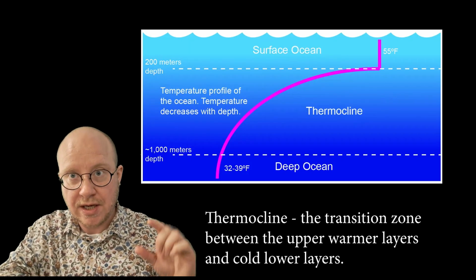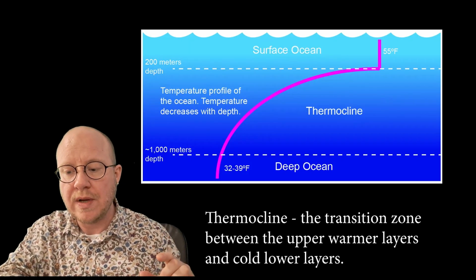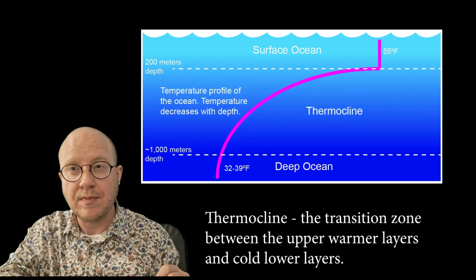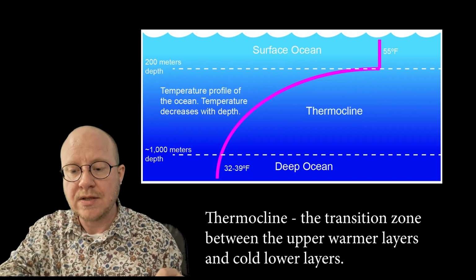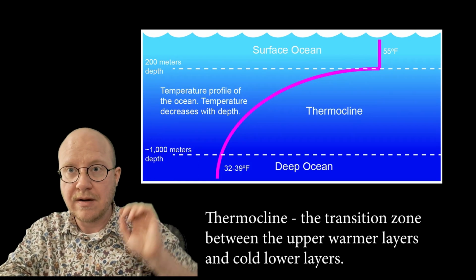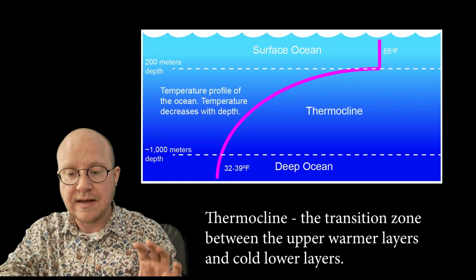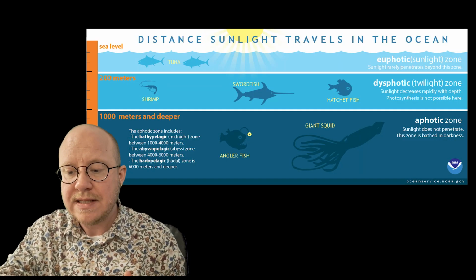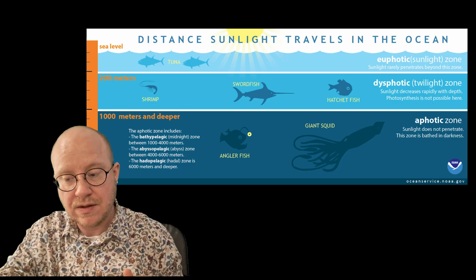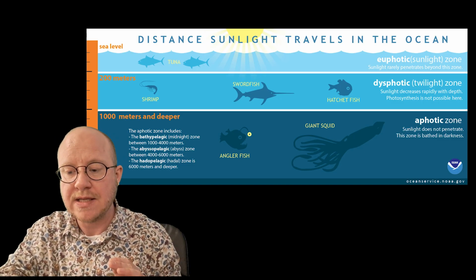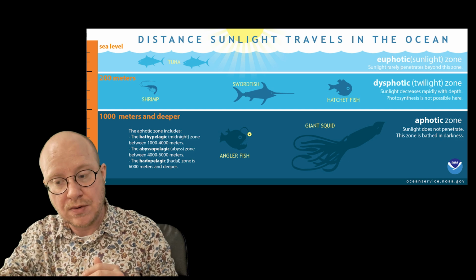The transition between the two is known as the thermocline. Remember, we covered that in 4.1. Okay, so the zone between the warm mixed layer and the cold stratified layer, that zone, that's called the thermocline. Winds may mix water across the thermocline, thus some water from the photic zone may transfer some nutrients to the deep ocean.